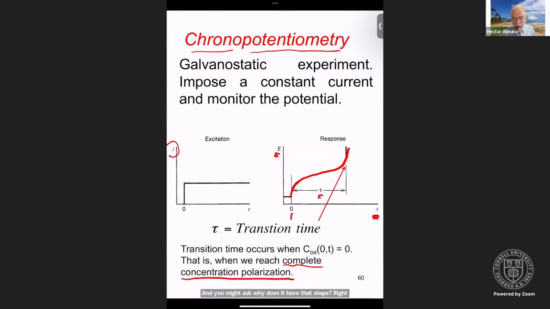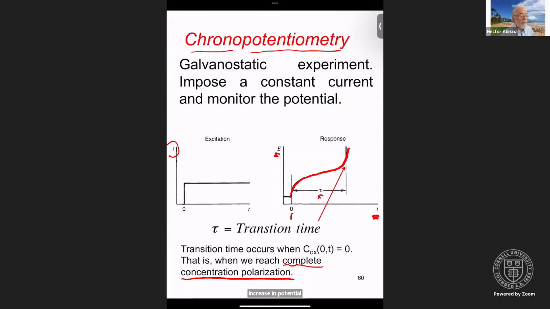In essence, you impose a current step, so now you're converting ox to red. The moment you run out of ox, you're still imposing a current. And so the potential will drift until it finds another redox couple that can sustain the current density that you're imposing, and thus the very sharp increase in potential.